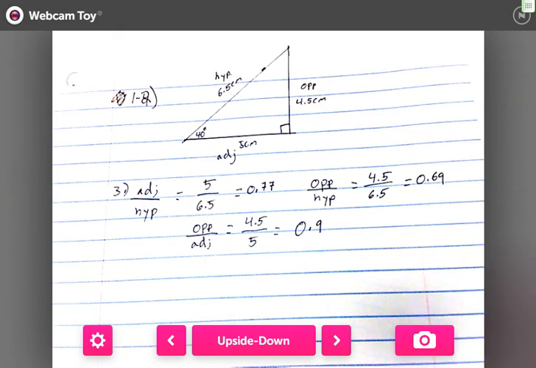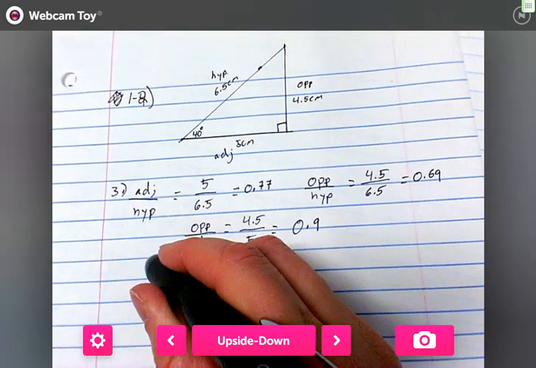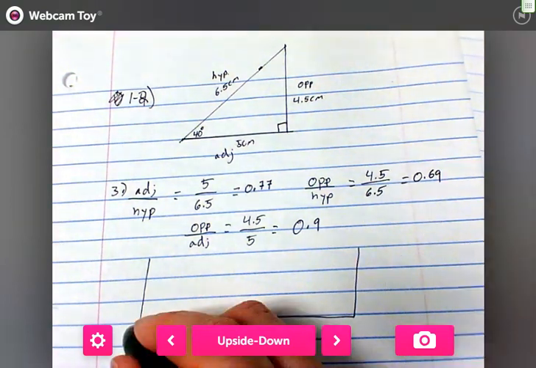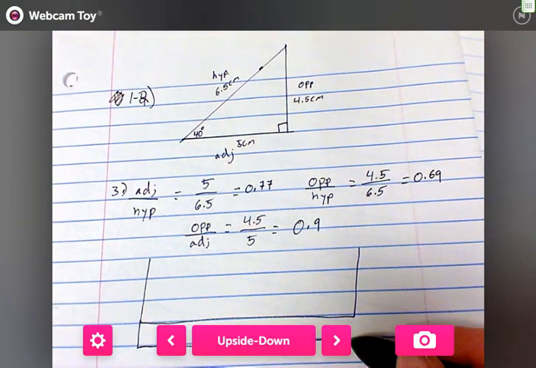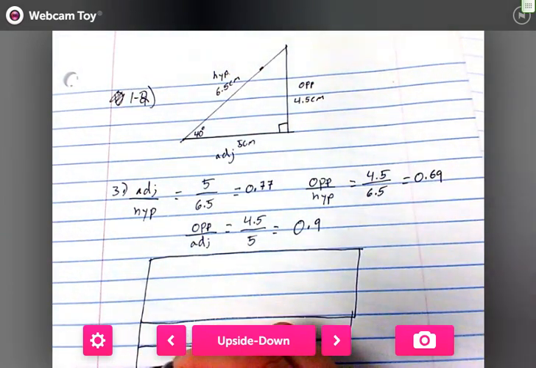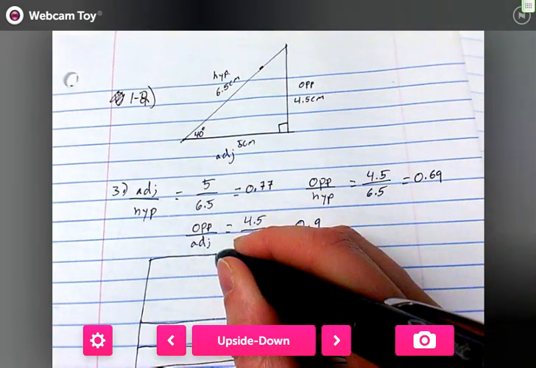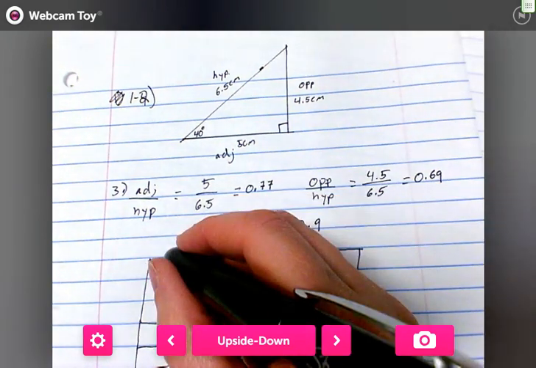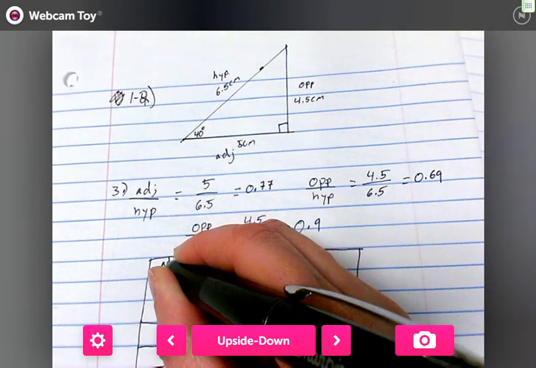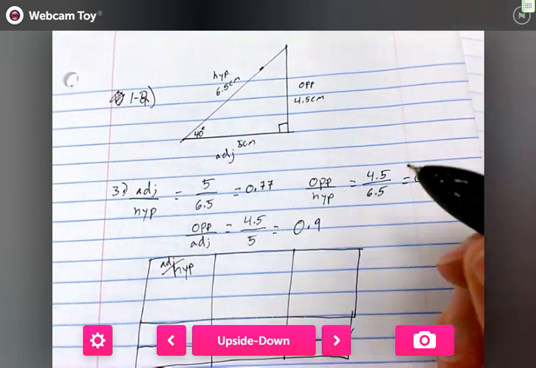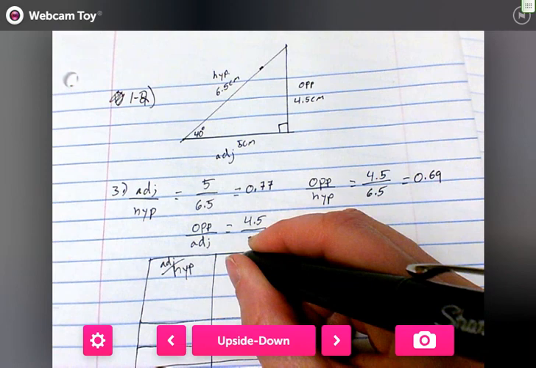Okay? And then you're going to compare. Let's make a little chart. This is going to be adjacent over hypotenuse. This is going to be opposite over hypotenuse.